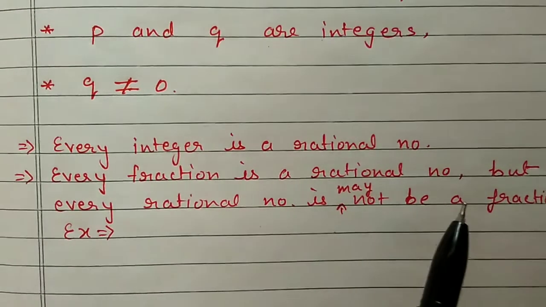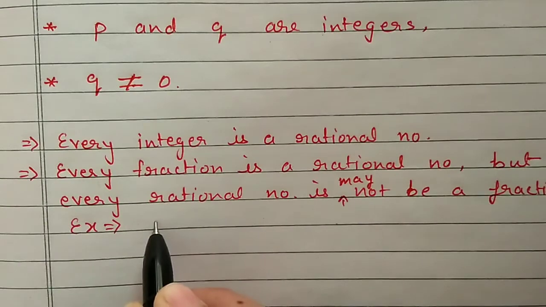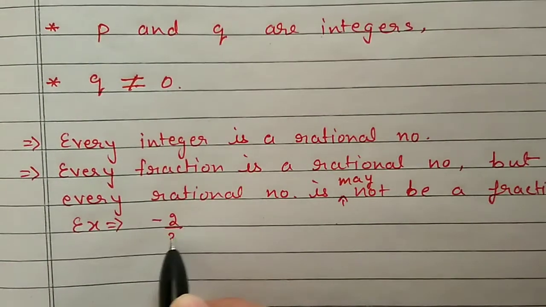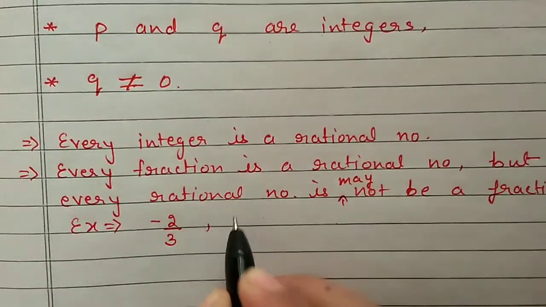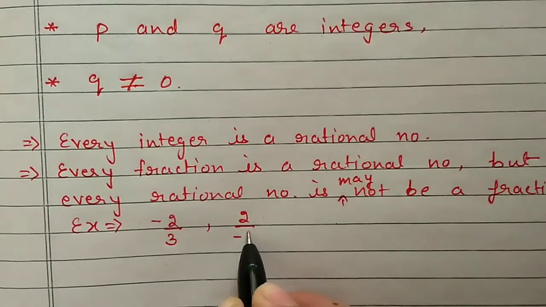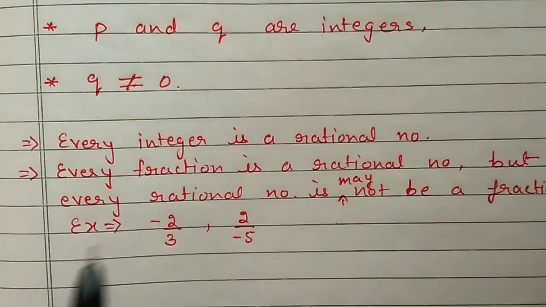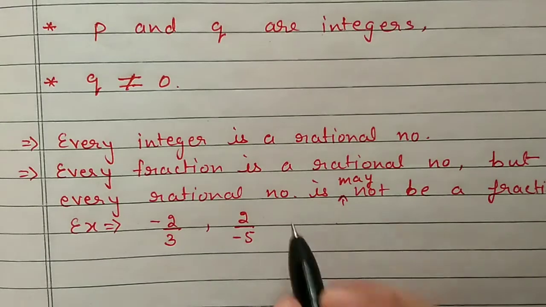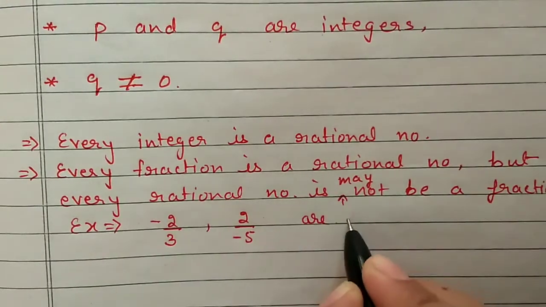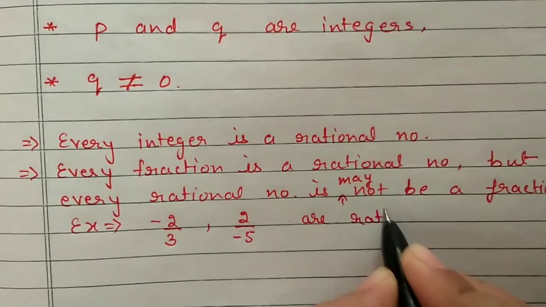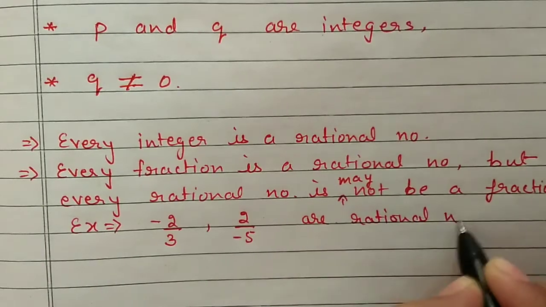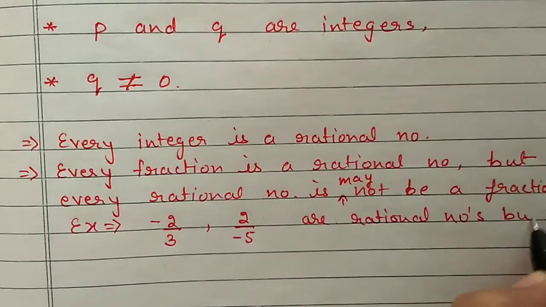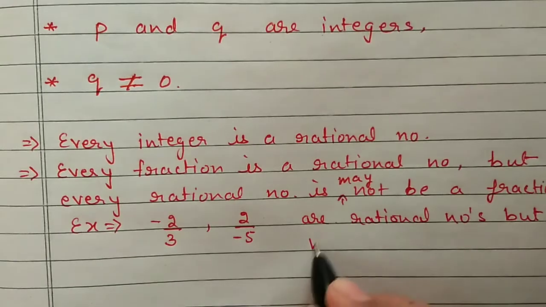For example, suppose we are talking about minus 2 by 3, or we are talking about 2 by minus 5, then these two cases are rational numbers, but these are not fractions.